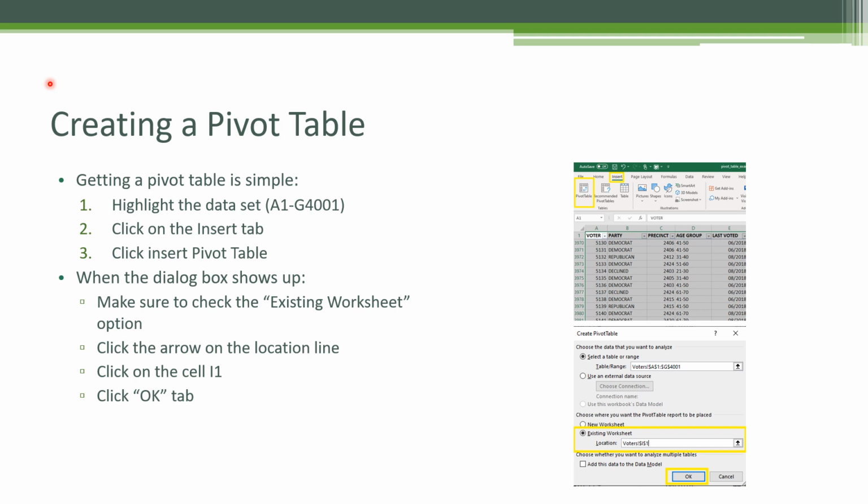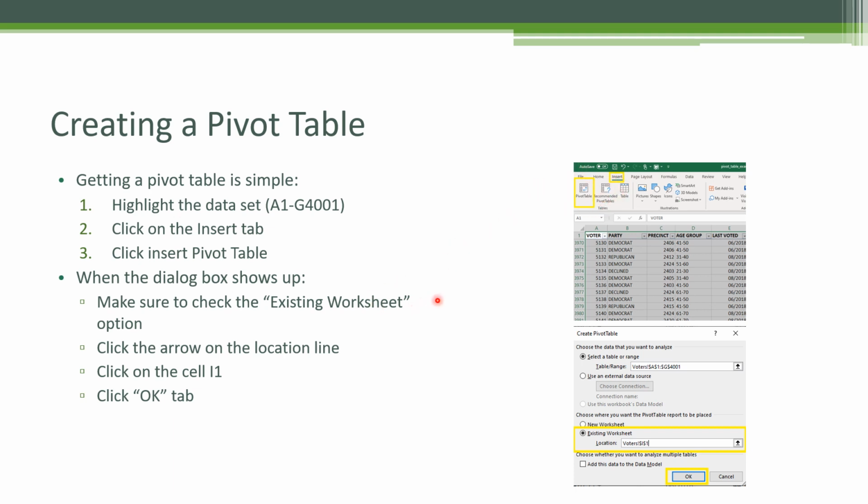Getting a pivot table started is actually pretty simple. You just have to highlight the data set. If you want to do this quicker, since there are about 4,000 cells of data within this data set, you can just click on the first cell and then press Control A and it'll highlight the whole thing. From there you go over to the Insert tab, which is showed up here, and then click on Pivot Table.